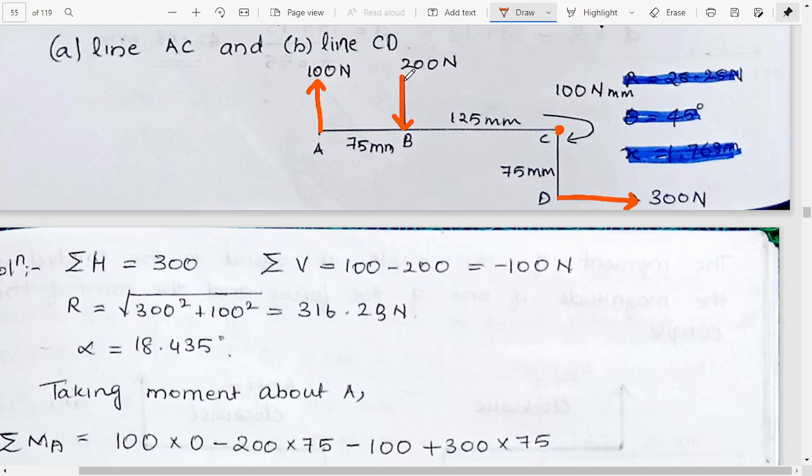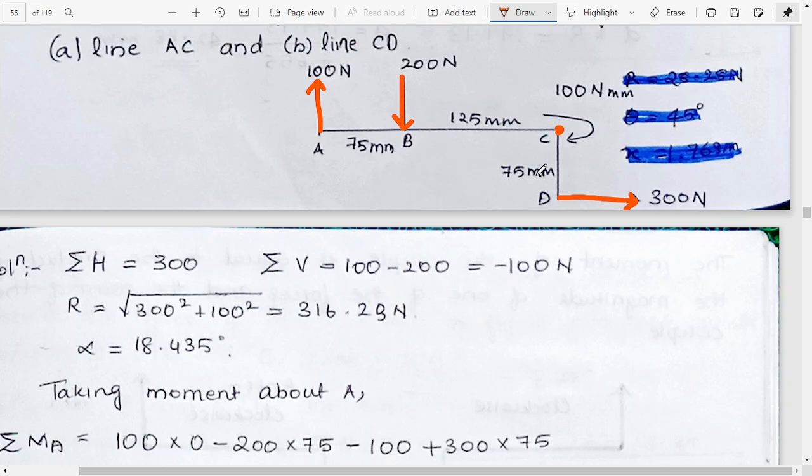Then we have minus 200 into 75, and then we have a moment which is acting like this. If it is acting in the clockwise direction, it will be negative, so it will be minus 100. Then we have 300 into 75. Why? Because if you are taking this position, this is the point of action and this is the perpendicular distance.